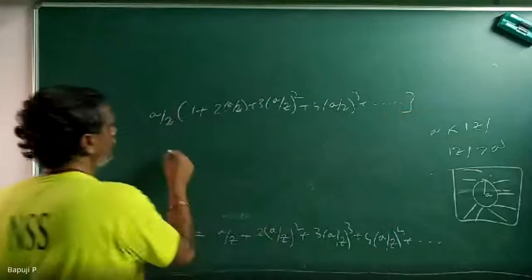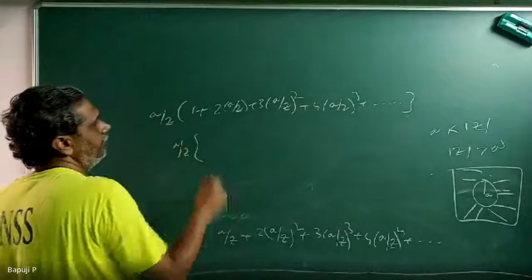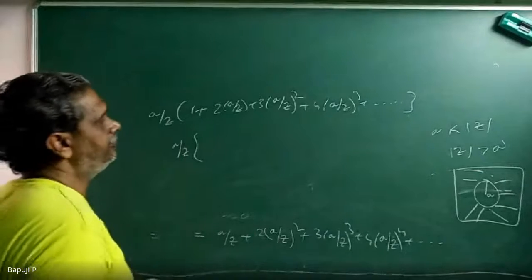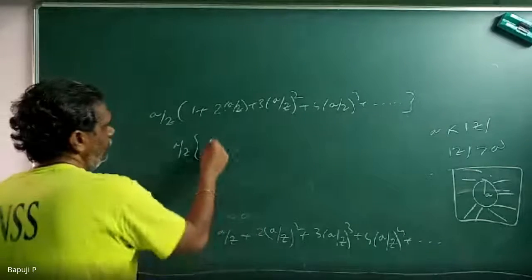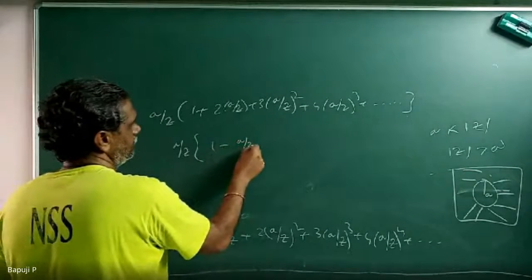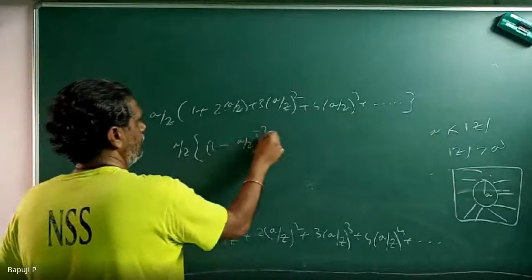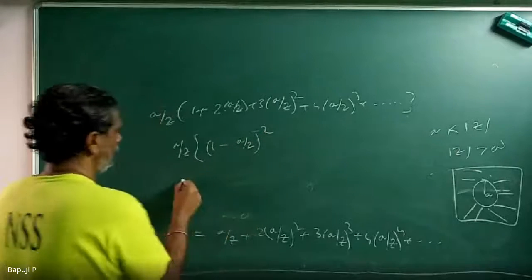So this is equal to what? A by z into 1 plus 2x plus 3x square, 4x cube. Again same story: 1 minus x whole power minus 2.